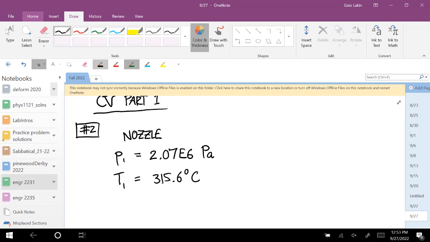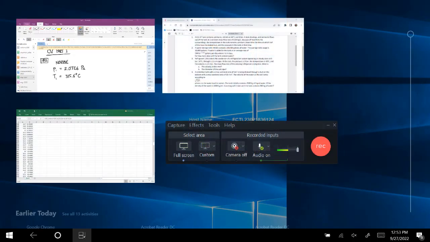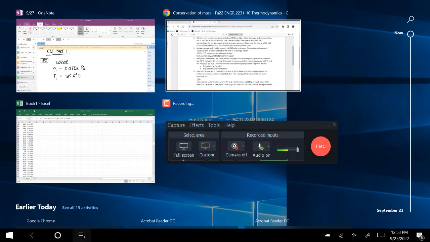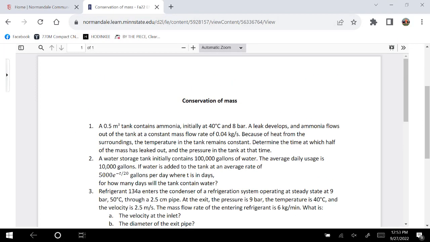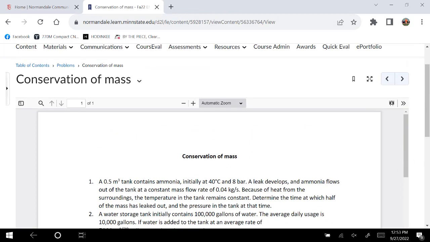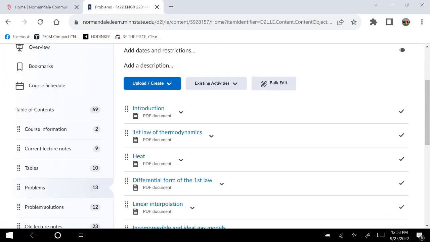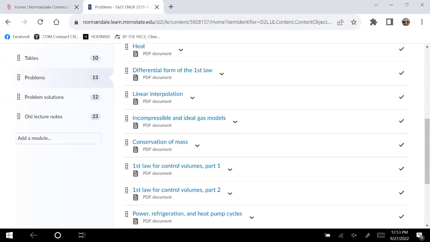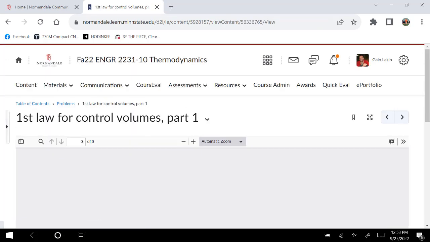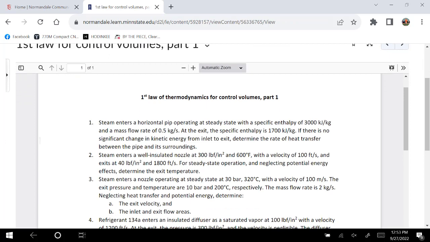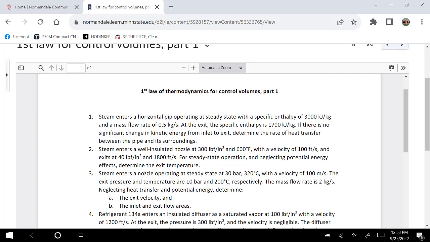I think in this problem, everything was actually given in some other kind of units. That's why these are sort of funny numbers. The pressures are in pound force per square inch, and it's feet and seconds and stuff.